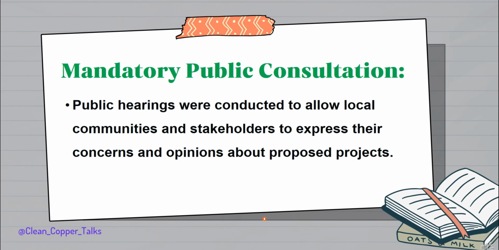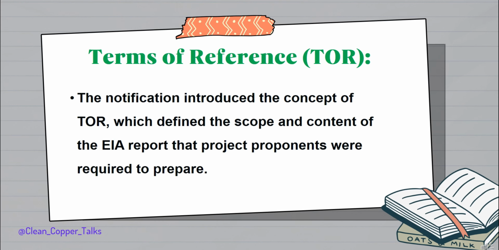Another aspect was public hearings were conducted to allow local communities and stakeholders to express their concerns and opinions about the proposed projects. The 2006 notification also introduced the concept of terms of reference. Terms of reference defined the scope and content of the EIA report that the project proponents were required to prepare.